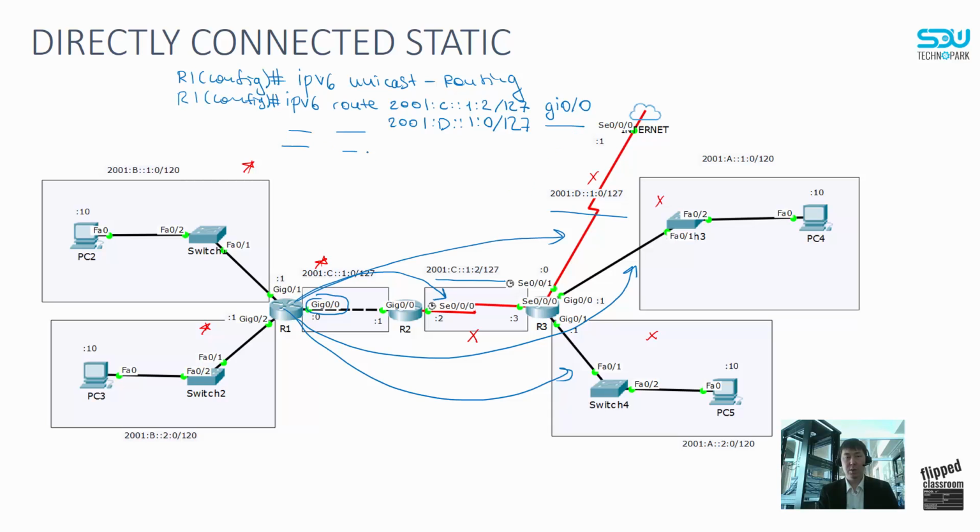Next, ipv6 route, network this 2001A:1 0 with prefix 120 with the same exit interface. Next network 2001A:2 0 with prefix 120 and exit interface gigabit 0/0. This is how we can make IPv6 directly connected static routing.